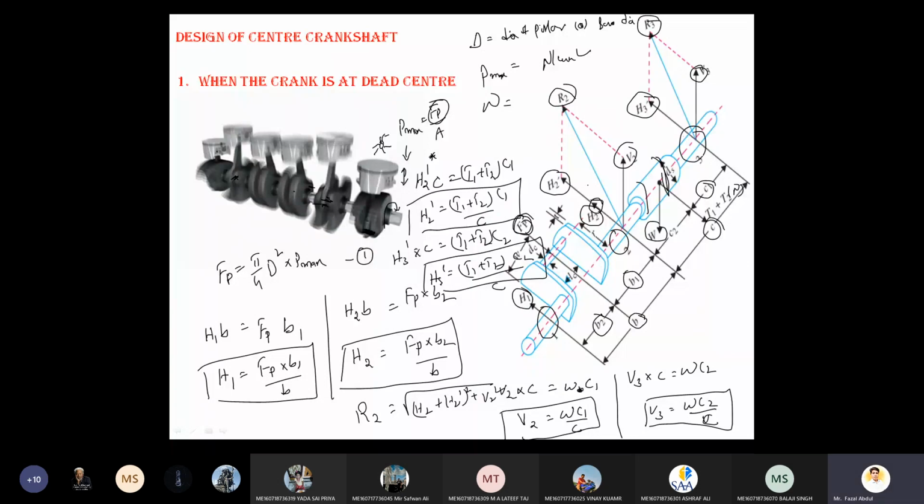Now the resultant force acting at bearing number 2, we can find out: R2 equals square root of H2 plus H2 dash squared plus V2 squared. Now in the same manner, what is R3, the resultant force at the third bearing? R3 equals square root of H3 dash squared plus V3 squared. So these resultant forces we calculated.